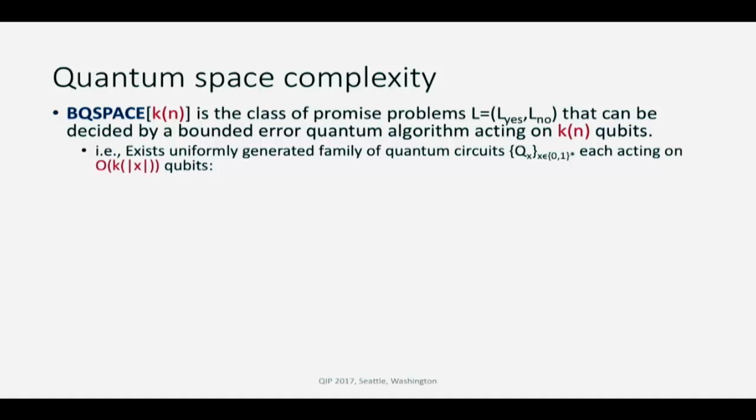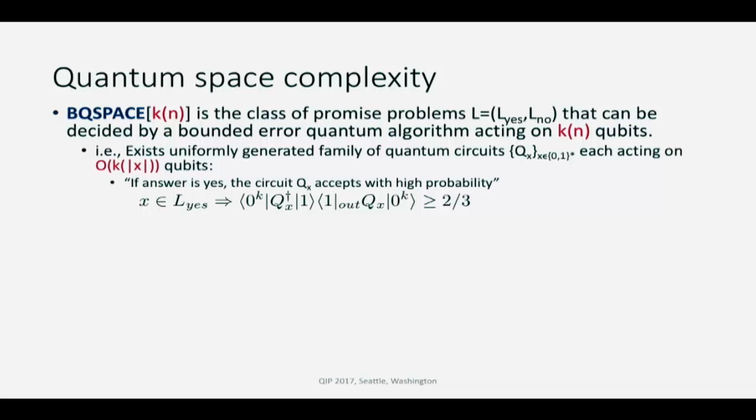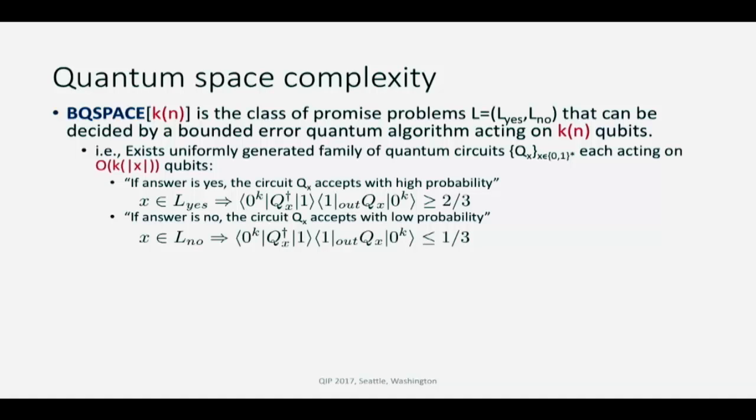Formally speaking, we'll say that there exists a uniformly generated family of quantum circuits, Q_x, each of which acts on at most k(x) qubits, with the property that if the answer is yes, the circuit Q_x accepts with high probability, say probability greater than 2/3, whereas if the answer is no, then the circuit accepts with probability at most 1/3. This is the BQ, the bounded error quantum part.